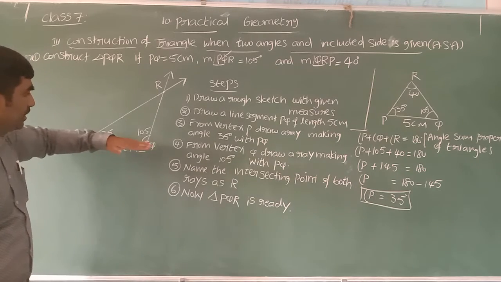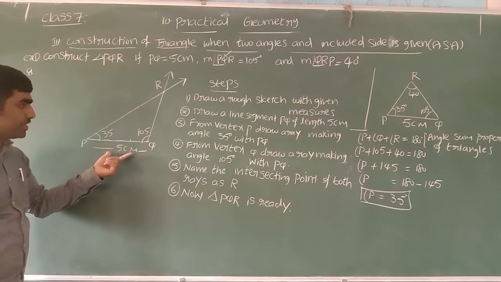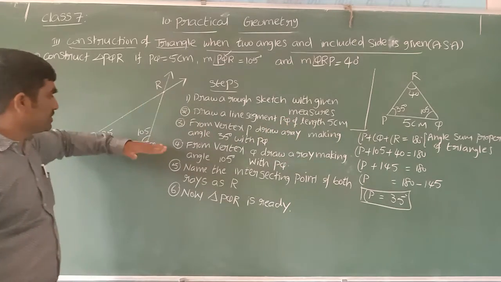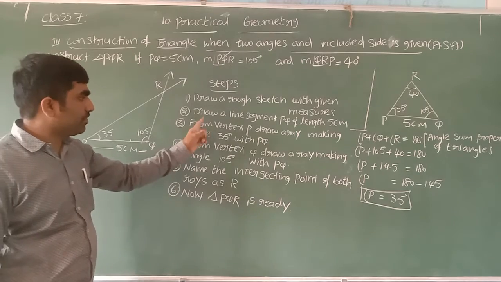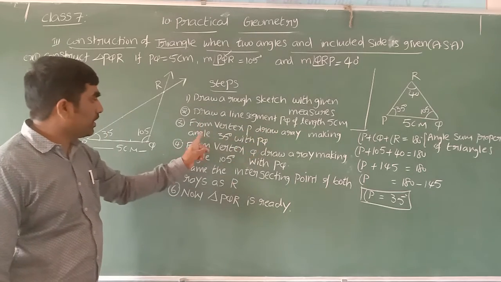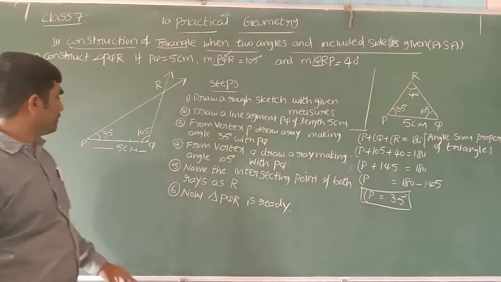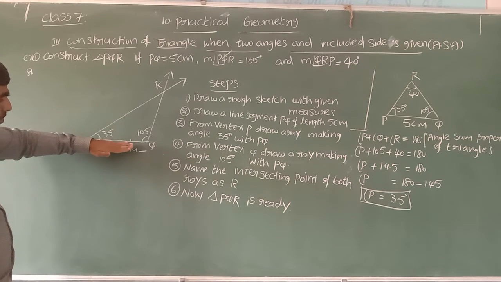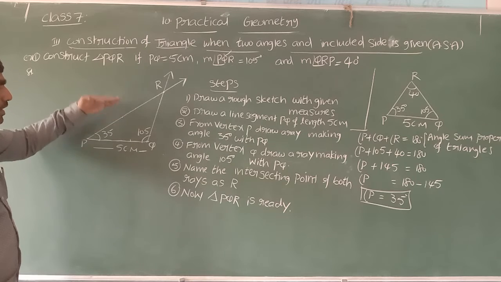So first, what did we do? We draw a line segment PQ of length 5 cm. After that, from vertex P, draw a ray making angle 35 degrees with PQ, above PQ.